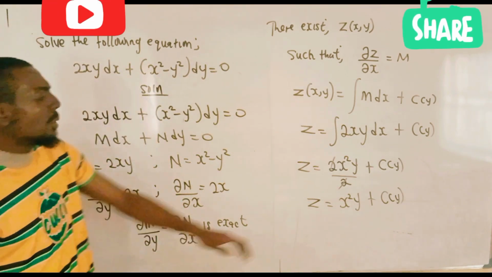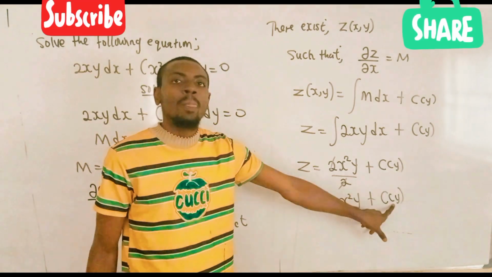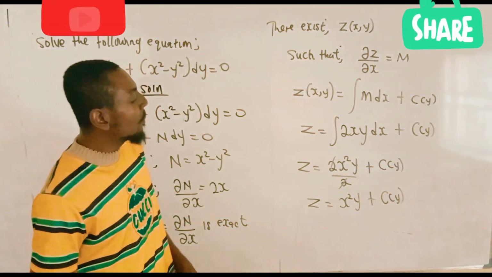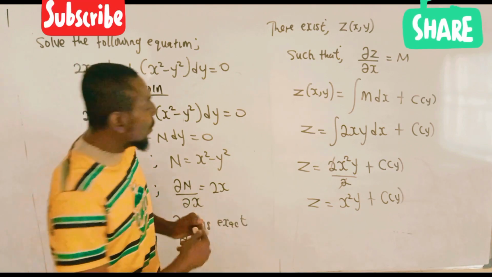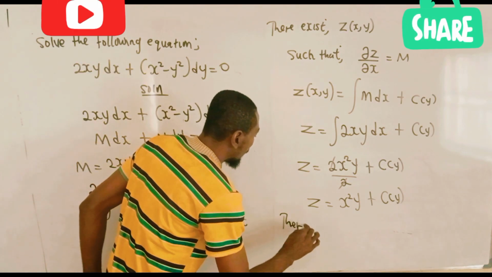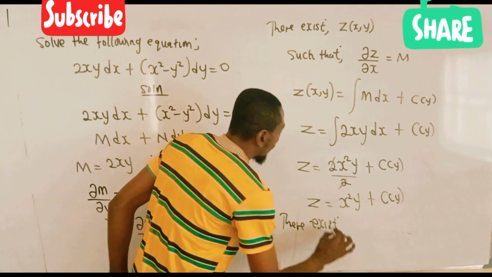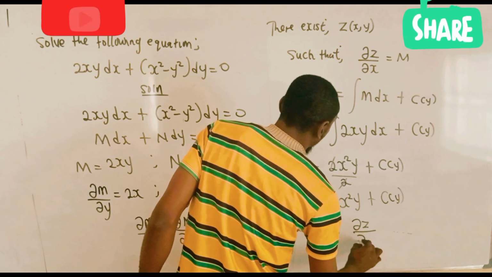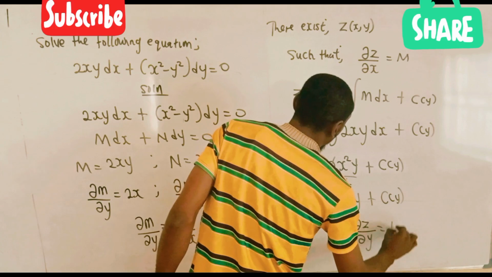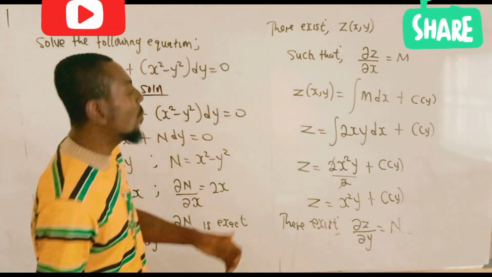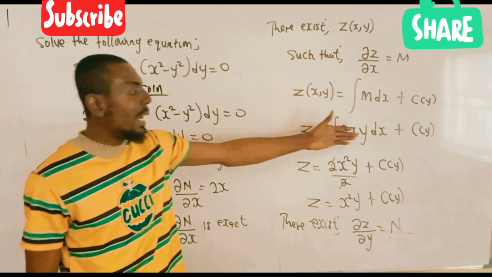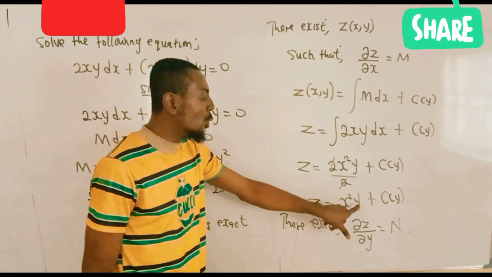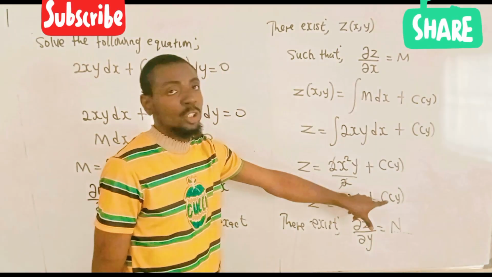Now we need to find c of y, which we don't know yet. There also exists a function such that the partial derivative of z with respect to y is equal to N. So we integrate the first one with respect to x, then differentiate the function we got with respect to y to evaluate c of y and substitute it back.